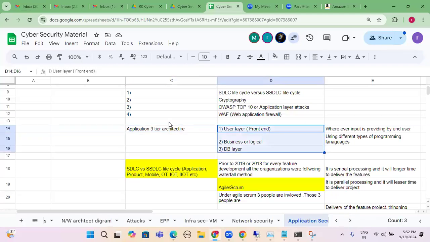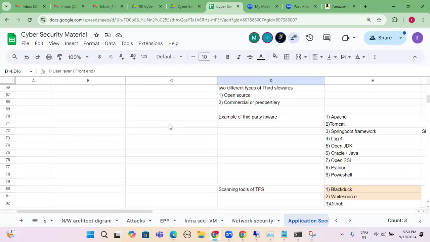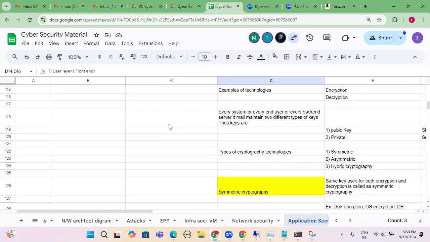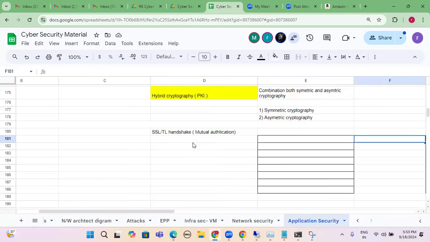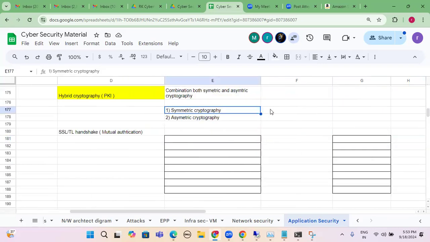Okay, so now go back to our website related to cryptography, part of hybrid. Why can we use symmetric cryptography? Symmetric cryptography can be used for data transfer. It will not do any security negotiations. It will not exchange any keys between our front-end user and the back-end server.